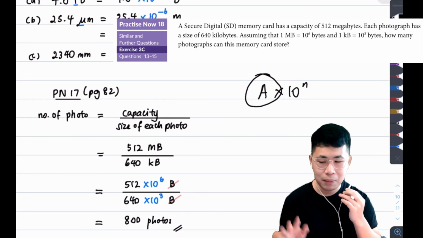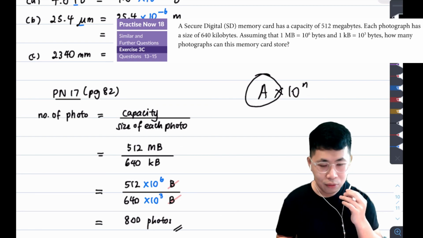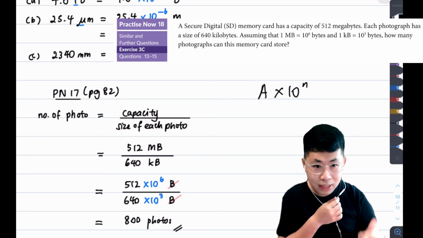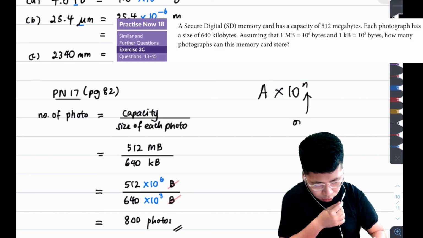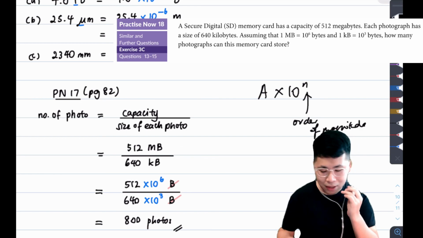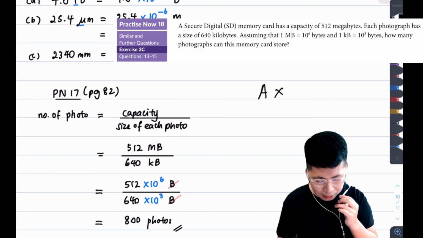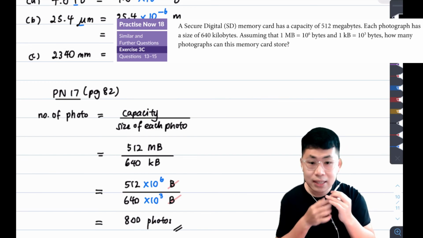It cannot be 10, but strictly less than 10, can be equal to 1, and we express as 10 to the power of something. So this n would be our order of magnitude that you see in your science before this. Then another thing that we did was prefixes, as an extension of standard form.